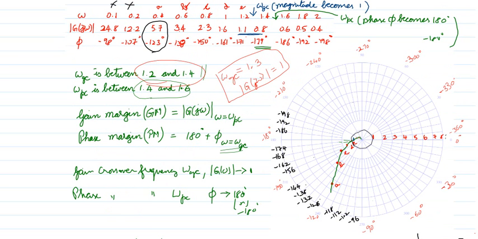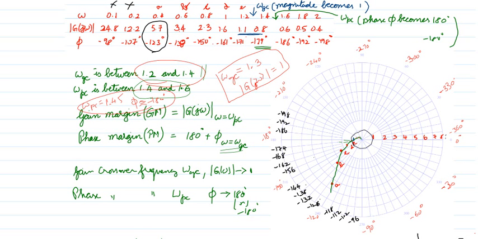So I put 1.45 and get minus 181, approximately. I can write it here: at omega pc equal to 1.45, the phase angle becomes approximately minus 181, so I can say approximately 180. So this is the phase crossover frequency.